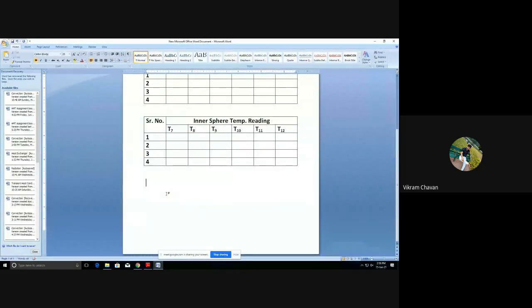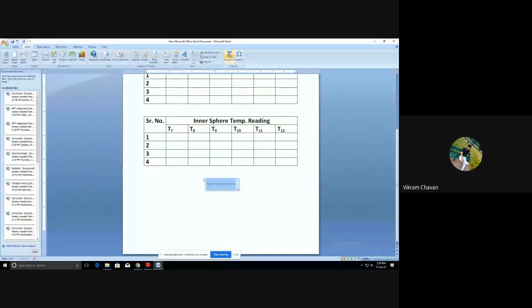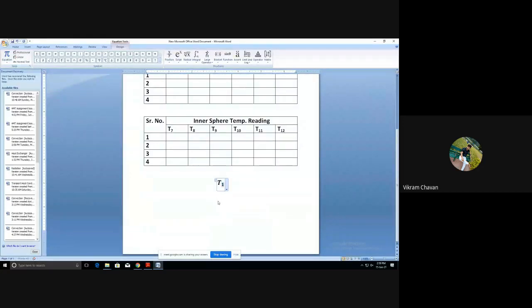So in that case, first of all, you have to calculate Ti, that is the inner surface temperature, which is equal to T1 plus T2 plus T3 plus T4 plus T5 plus T6, divided by 6.